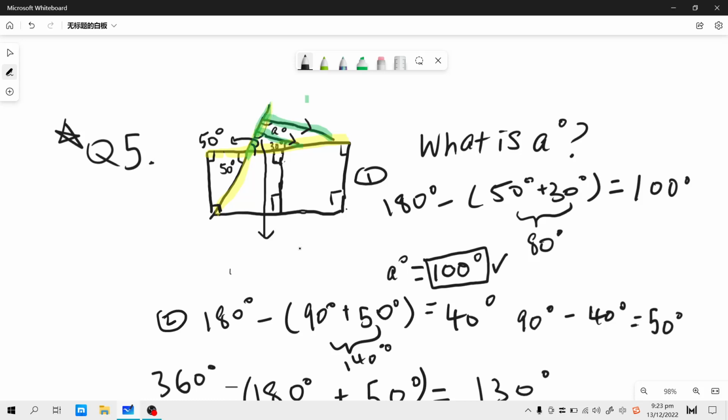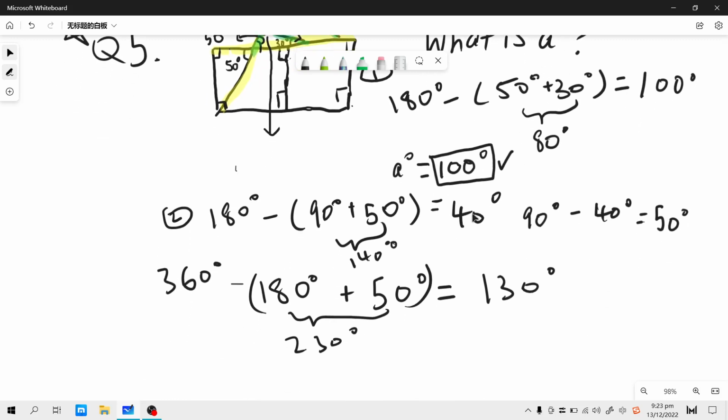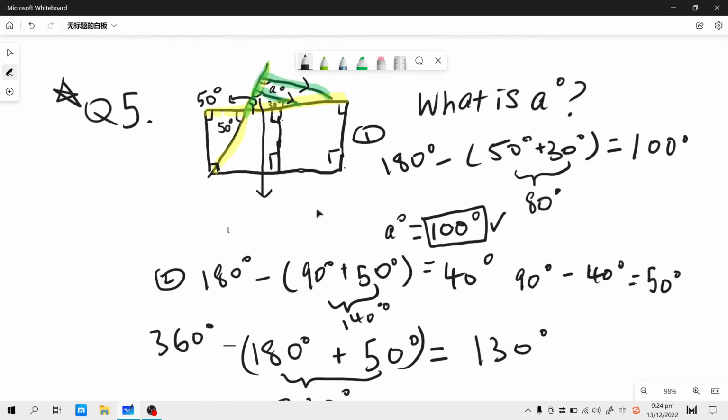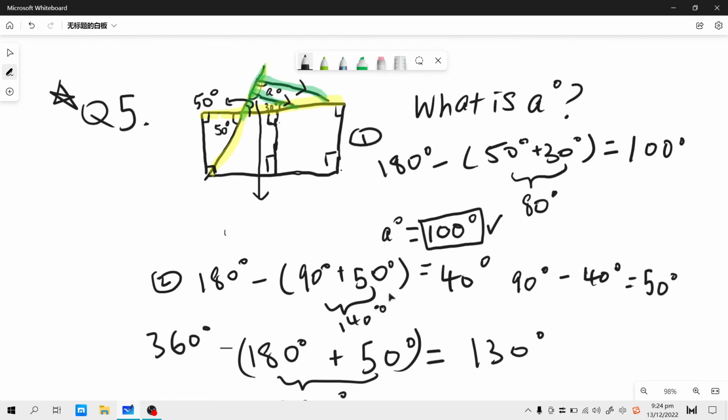So 180 degrees minus 130 degrees. I will just write it down: 180 degrees minus 130 degrees equals 50 degrees. Alright.